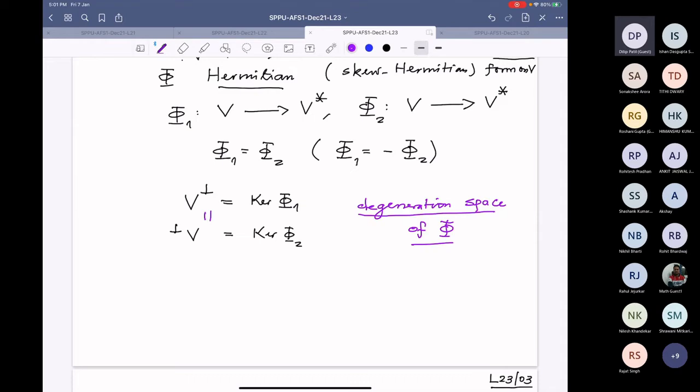This is also called the radical of phi. These are just definitions, but we should see the examples now.